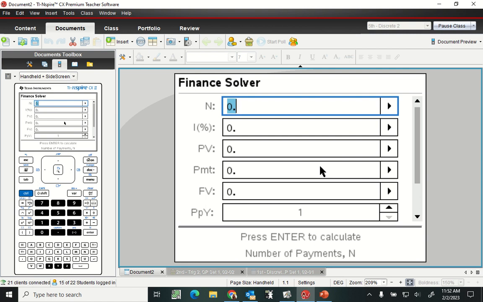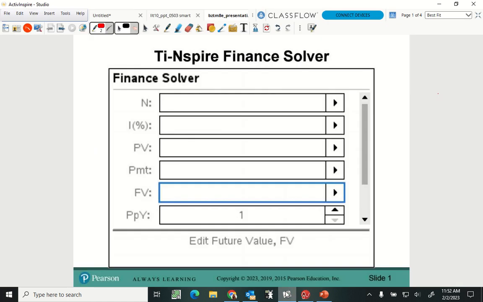So now you wrote down the steps how to get here. Now we're going to talk about a couple things, so I'm going to fill in some of these blanks in your notes. N is number of payments. I is my interest as a percent.